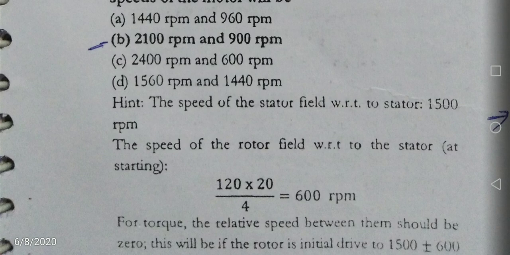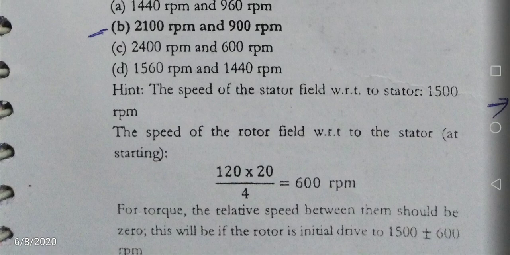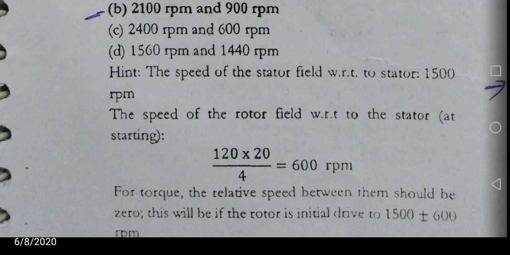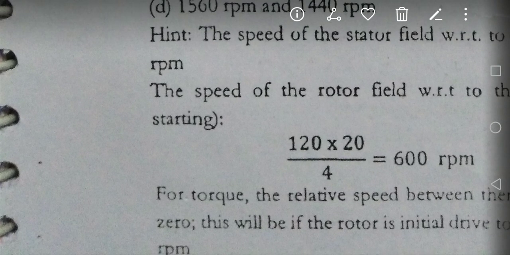For torque, the relative speed between them should be 0. So the rotor is driven at 1500 rpm plus or minus 600 rpm: 1500 plus 600 is 2100 rpm, and minus gives 900 rpm. So it's a very important type of question.